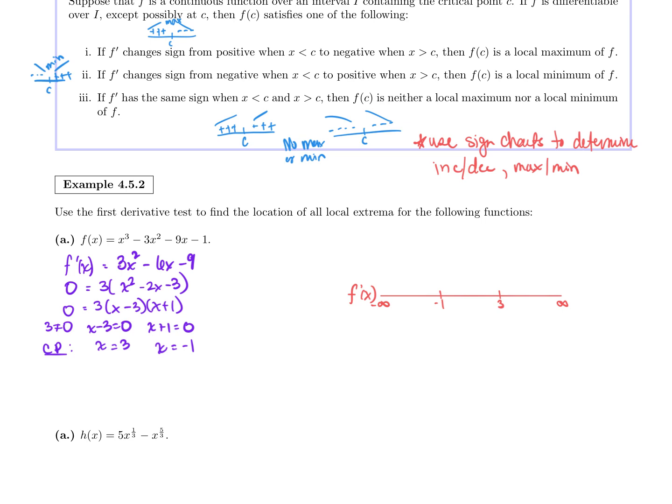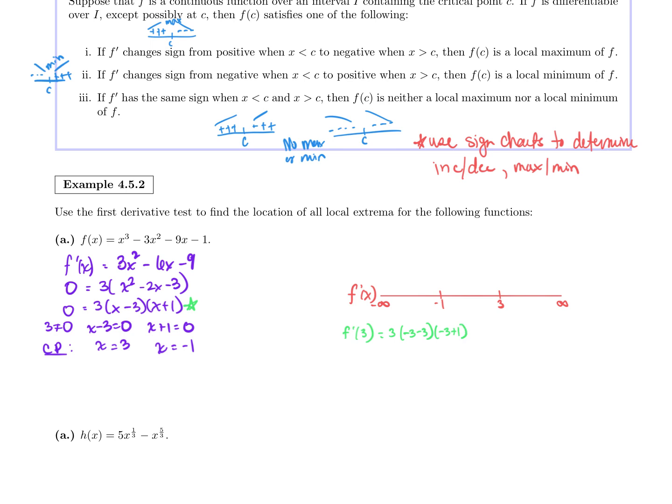So if we were to look at negative infinity to negative 1, that would be like asking about, let's say, negative 3. So if I think about negative 3 and I look at f prime of x, we always label our number line with the function we are evaluating. Here we are evaluating the first derivative. So if we found f prime of negative 3, for instance, that would be 3 times negative 3 minus 3 times negative 3 plus 1.